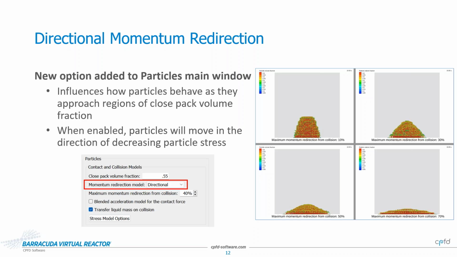If you change this value, you can influence what that angle of repose will be. We've also found that this can help when particles are in a system that has angled surfaces, when you want particles to flow down an angled standpipe, for example, or an angled wall of a vessel. Using this option can be helpful in those cases.